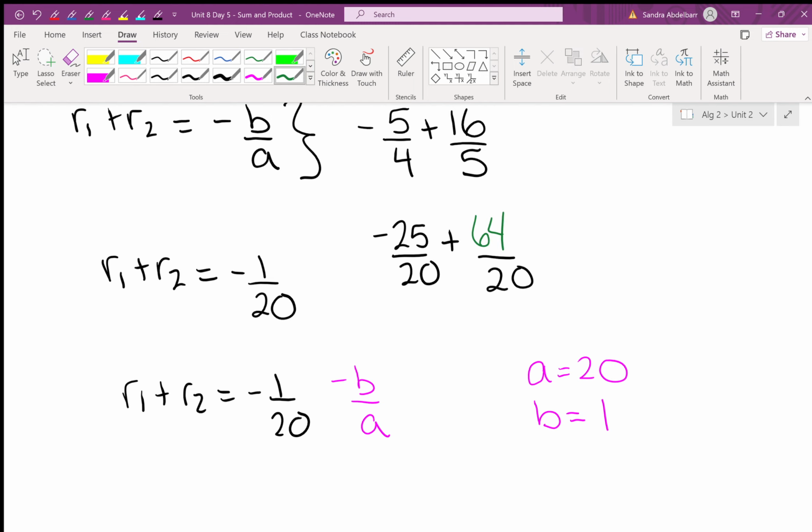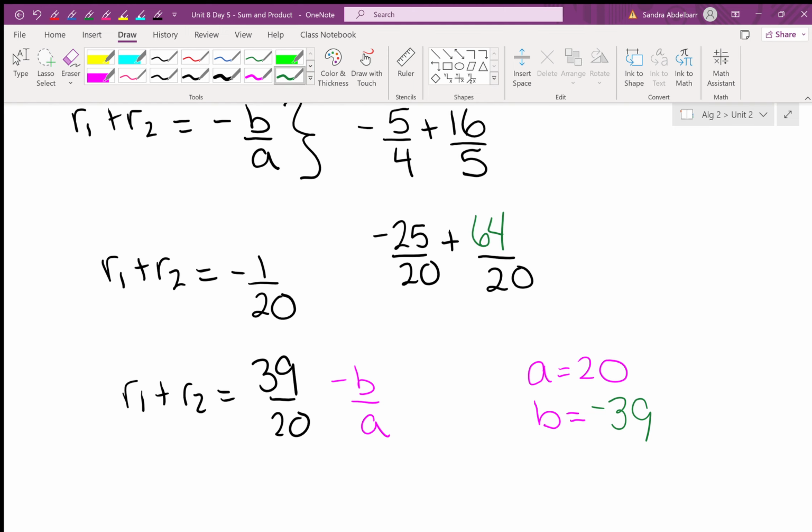That makes it 39. Is that better? Positive 39? Positive 39. Okay, so now we have 39 over 20, which is negative b over a. That's okay. Our a is still 20. Our b is now negative 39, because negative b is positive 39, which means b has to be negative 39.